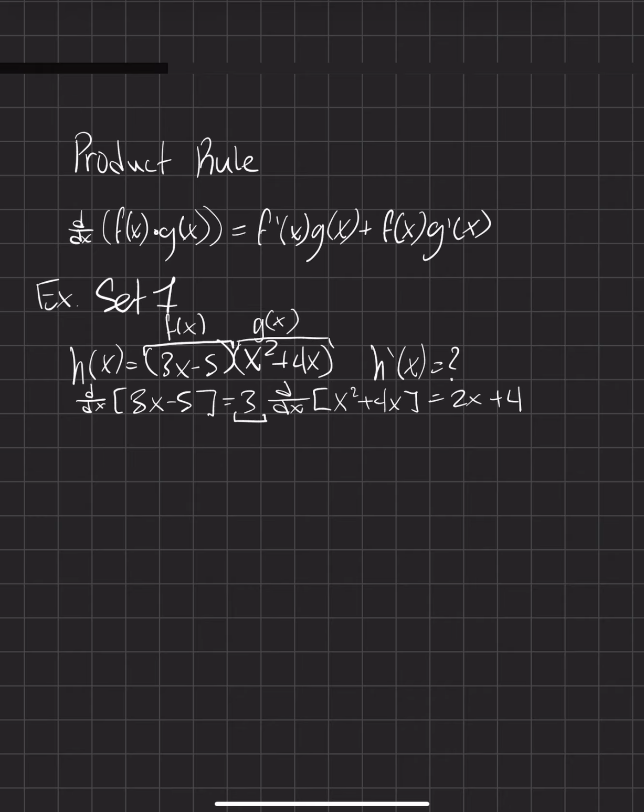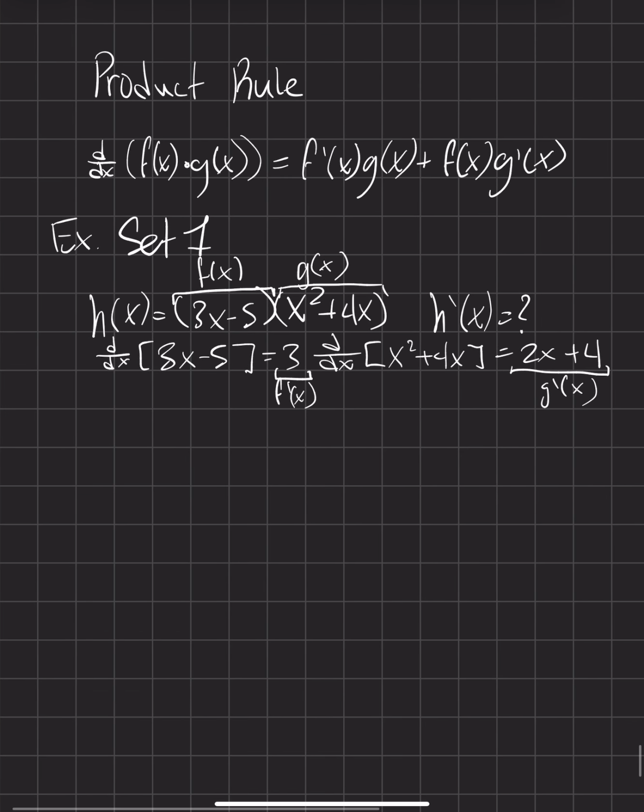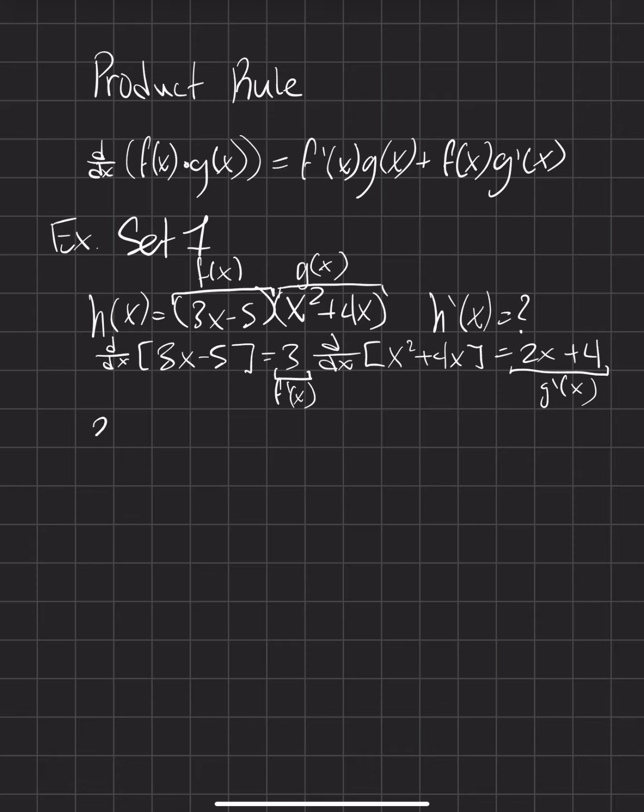If you look back here from where we assigned it, this is your f of x. This is your g of x. Well, g prime of x and f prime of x. So all we have to do here, from what we have in our product rule, is take our f prime of x, the 3, multiply it by the g of x.